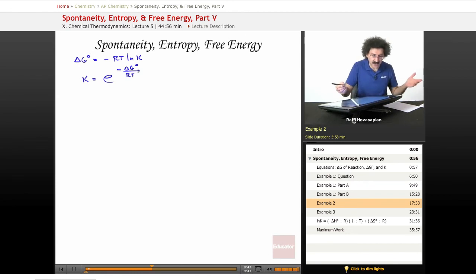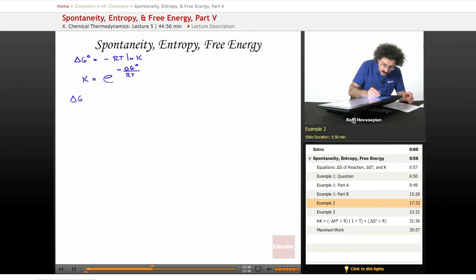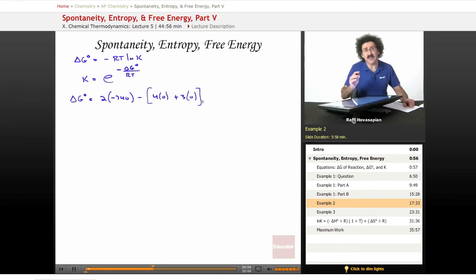Okay, so let's find our delta G. Our standard free energy change equals products minus reactants. So you're going to end up with 2 times negative 740 minus 4 times 0 plus 3 times 0. Oxygen gas is an element. Iron metal, anything in its elemental form, has free energy 0.